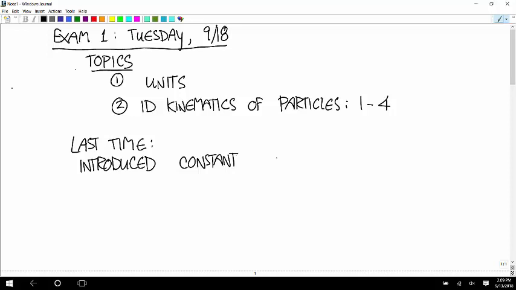So last time I introduced the constant acceleration equations. And we did a few problems with balls rolling and a car stopping. But we haven't yet gotten to the main reason that it makes sense to focus on constant acceleration.